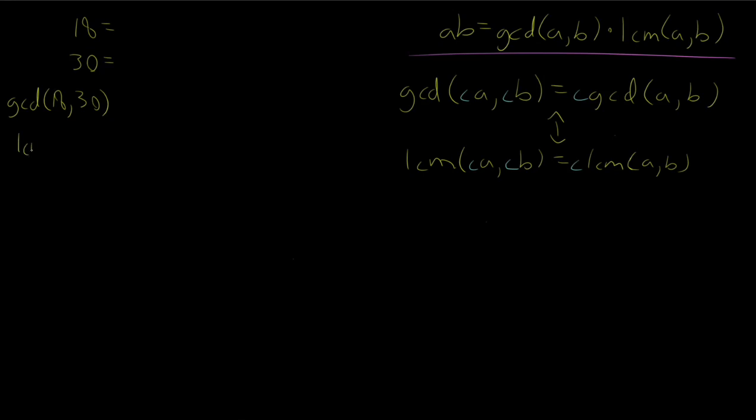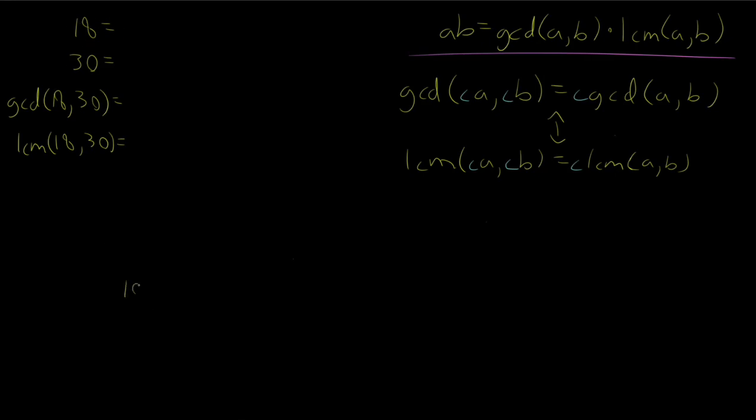And then the least common multiple. We're also going to apply one constraint to our answer, which is that everything on this side is going to be a prime factorization. So we can start by finding the prime factorizations of 18 and 30.